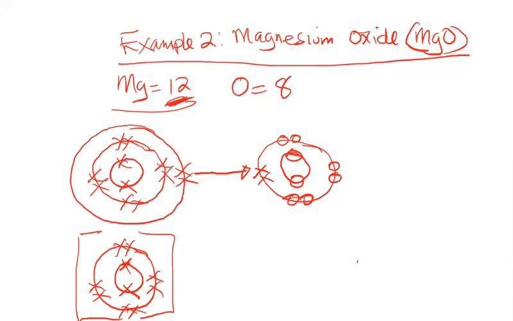It's going to have a positive sign. Why? Because of the 2 that we removed. It's because it has donated 2 electrons. Then the oxygen will be like this.